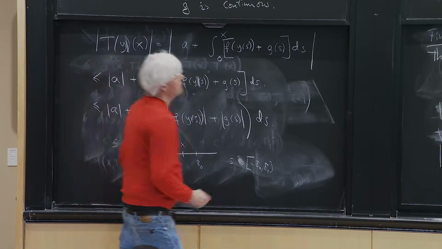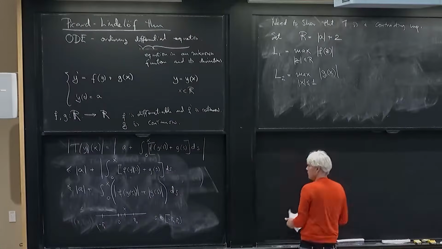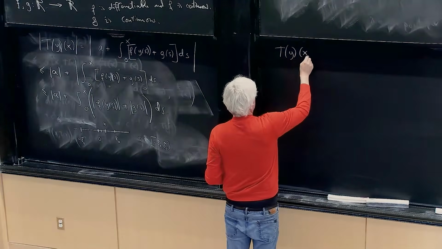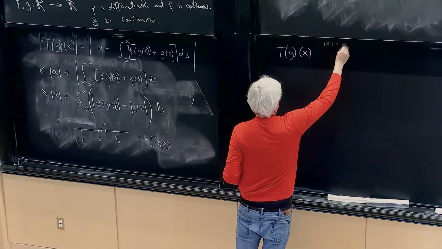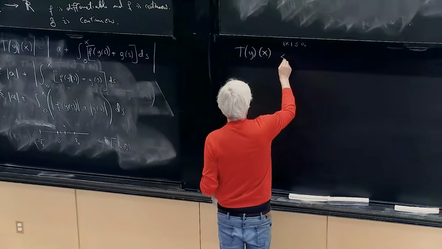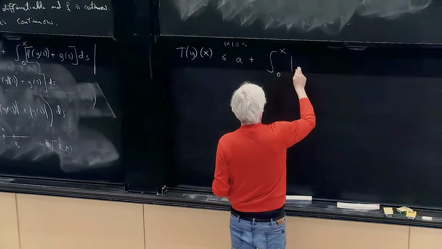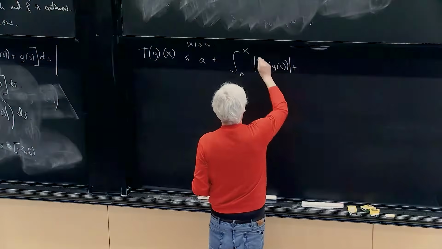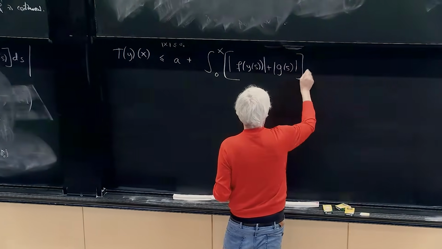Now if we're looking at T of y at x, again, remember that x here is less than or equal to delta 0. So we have that this thing here is less or equal to |a| plus the integral from 0 to x of |f of y of s| plus |g of s| ds.